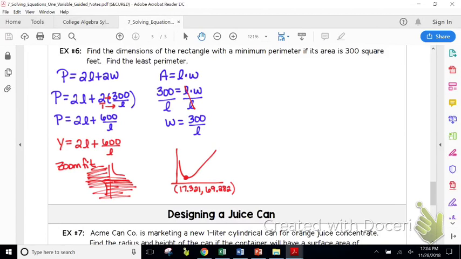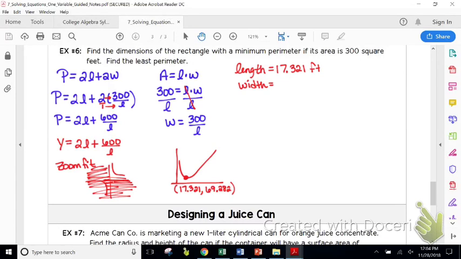Alright, so what is the length of this rectangle with minimum perimeter? Was length the X or the Y value here? It was the X value. So my length is 17.321 feet. Not squared, sorry. Just feet, approximately, because we rounded. How am I going to find the width? Plug it in.